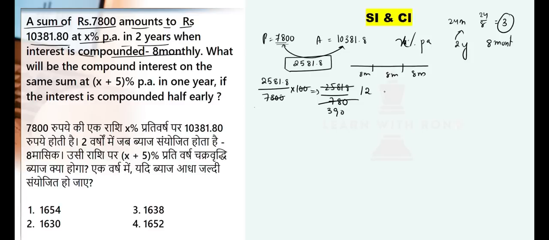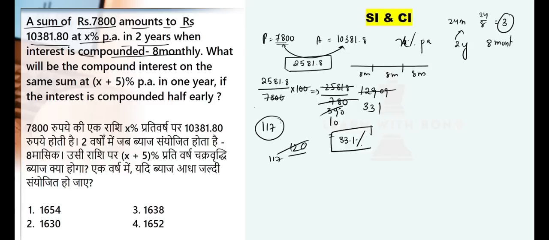Cancelling further, 39 tens and 39 3s is 390 plus 117. So 129 minus 117 leaves 3 and 39 once. So we got 331 by 10, I got 33.1% effective interest here.